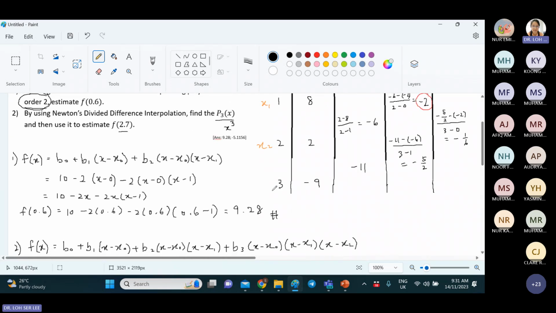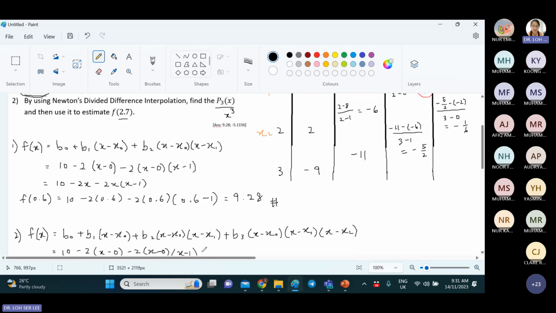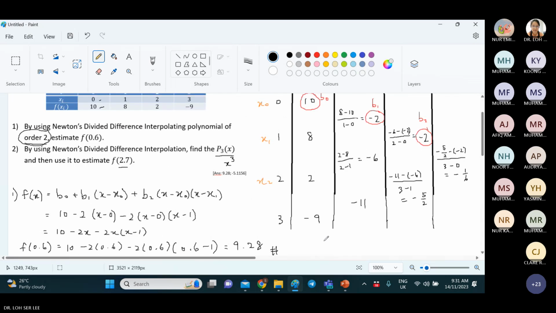Okay, your B0, 10, minus 2 (x minus 0), minus 2 (x minus 0)(x minus 1). B3 is -1/6 (x minus 0)(x minus 1)(x minus 2).